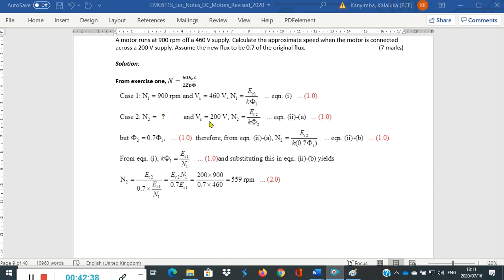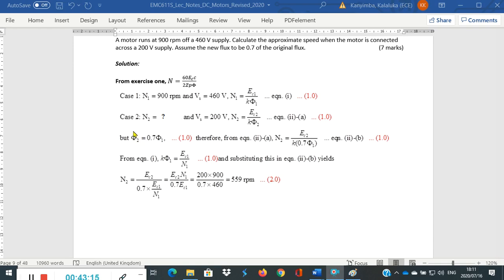Vs has now changed to 200 volts. Going back to our speed equation, N2 is equal to EC2 divided by K, the constant is still the same, and the flux has changed, so let's call it phi2. The first one is equation 1, the second one is equation 2a. Now we are told that the flux has changed to 0.7, or 70%, of the original flux.